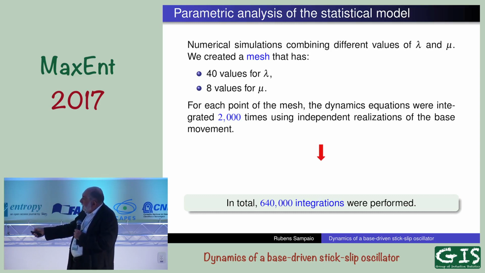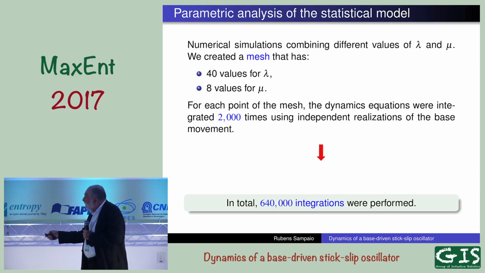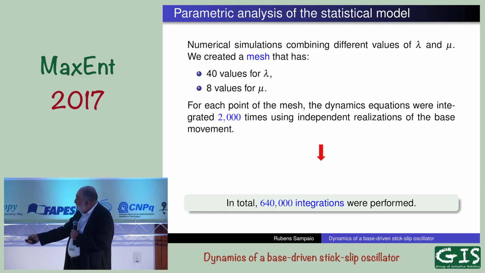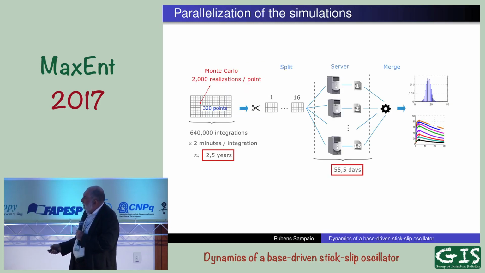We choose 40 values of lambda and 8 values of friction coefficient, so 320, and we're going to do 2,000 integrations for each of these parameters. So I am going to do some 640,000 integrations.